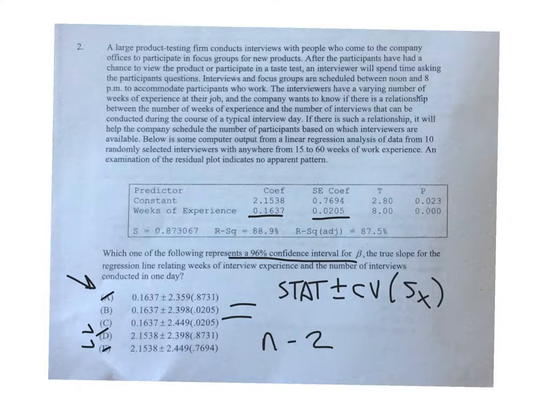So if I use inverse t, and I want a 96% confidence interval, which means we put 0.98 in there. And then the degrees of freedom is the number of people, which was 10, minus 2. So I put degrees of freedom of 8, and it gives me 2.449. Letter C.